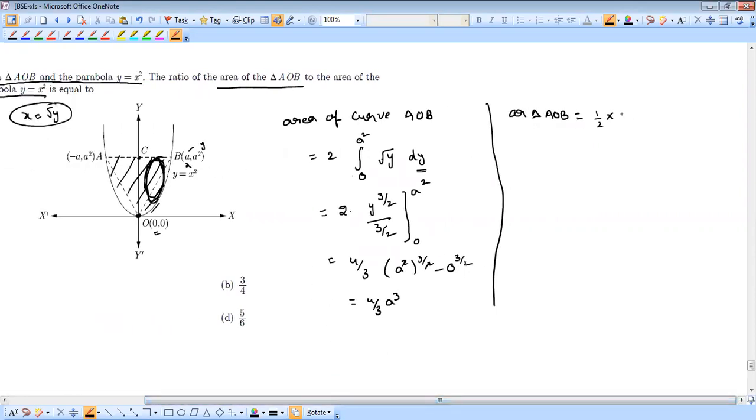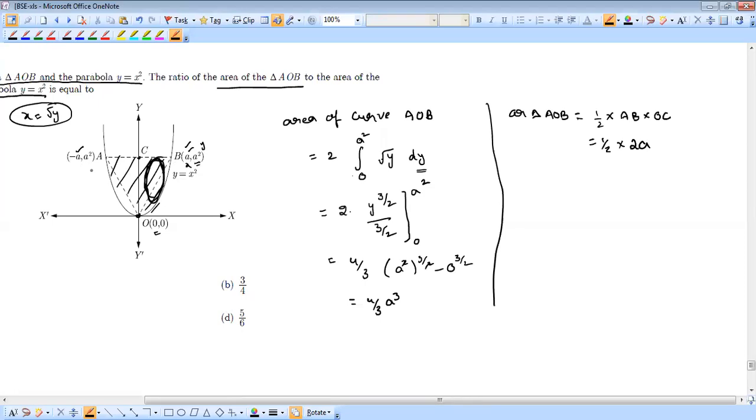The base we can take as AB into height will be OC. So the length AB is minus a to plus a. So half into 2a.